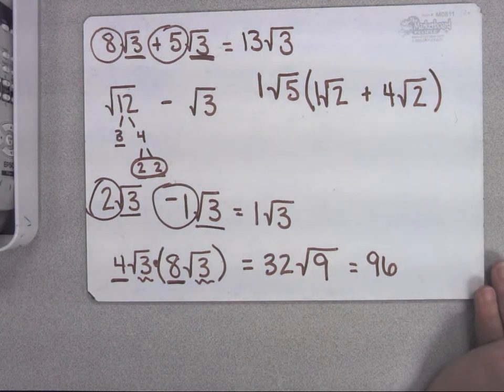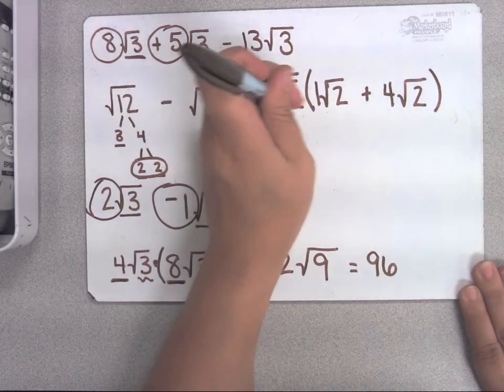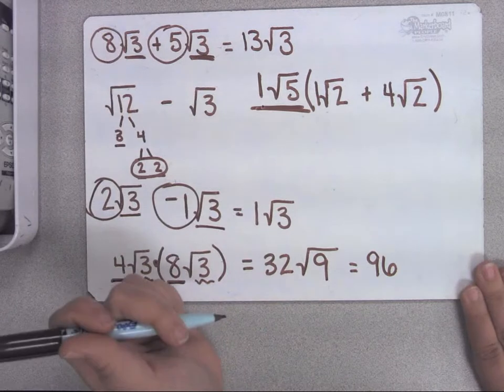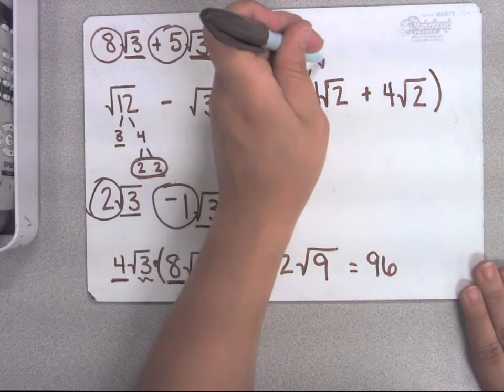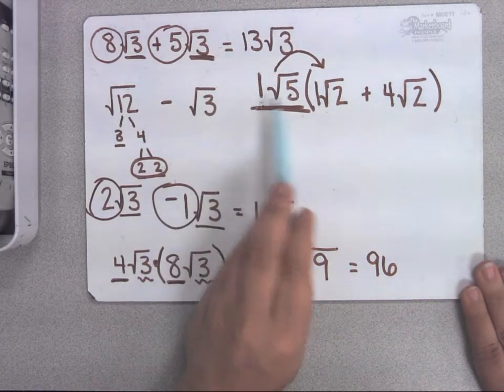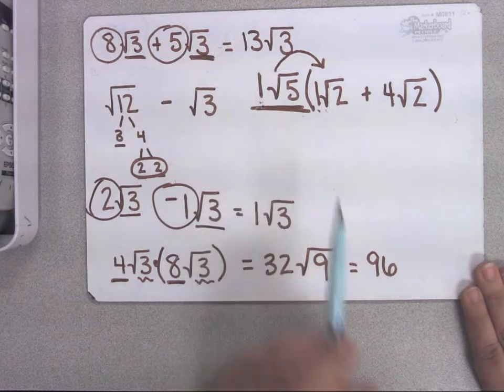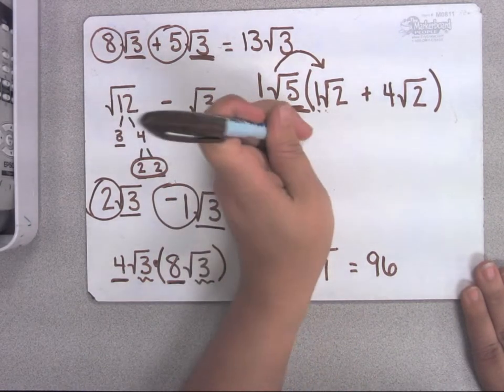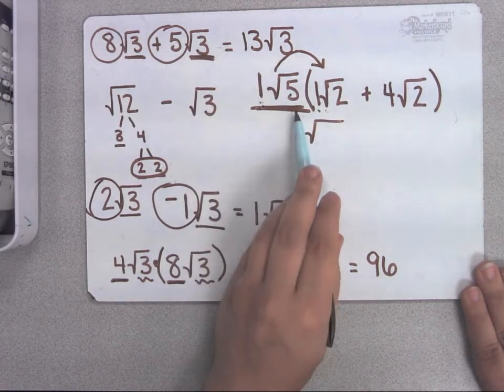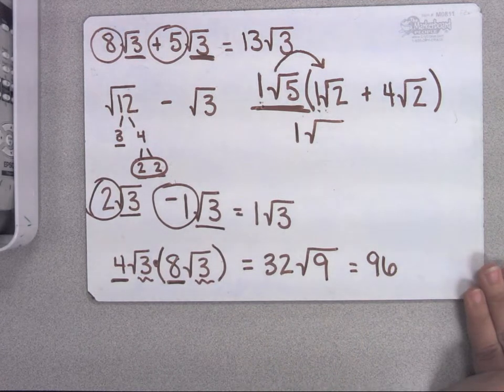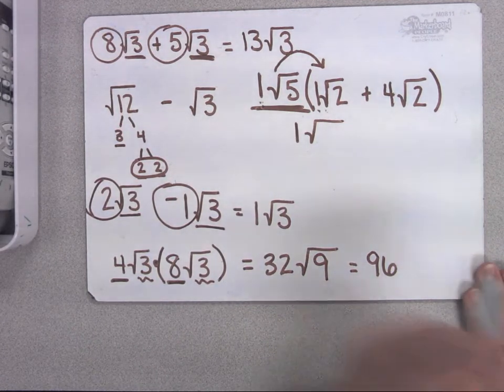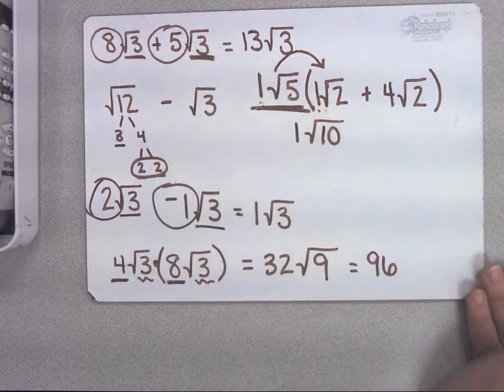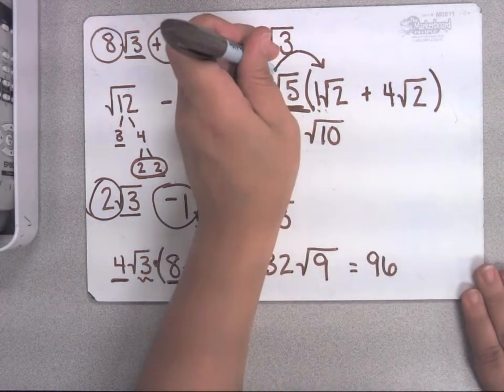Now this one, we have to do what? We have to distribute. You are correct. So we take all of this and do one thing at a time. So outside times outside, what's 1 times 1? Still 1. Square root, what's inside times inside? For that first group, 10. Okay. Now we'll do the second group.